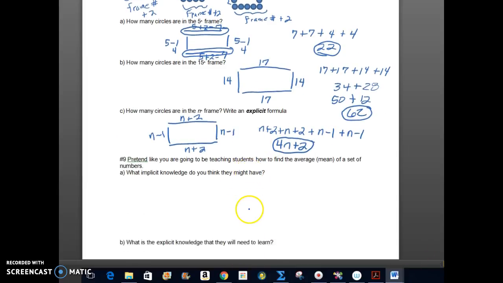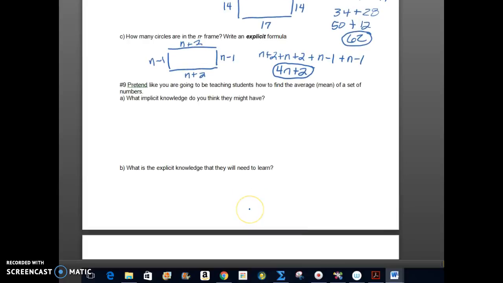All right, next question. All right, this is knowing the difference between implicit and explicit. Okay, so you need to know, and you've got this from that reading, what is implicit knowledge? Students have it coming in.